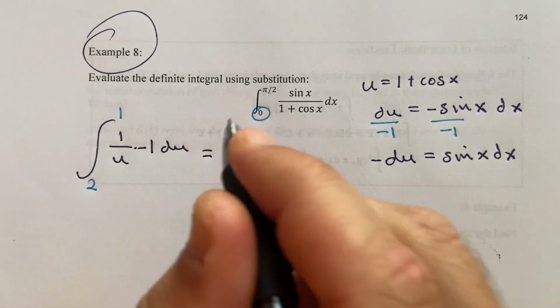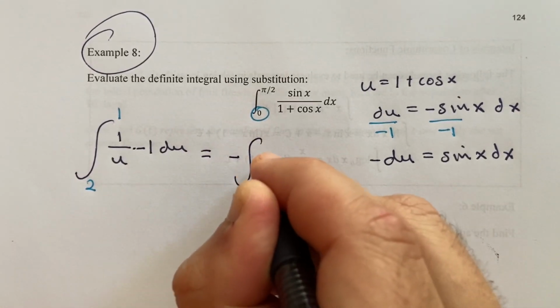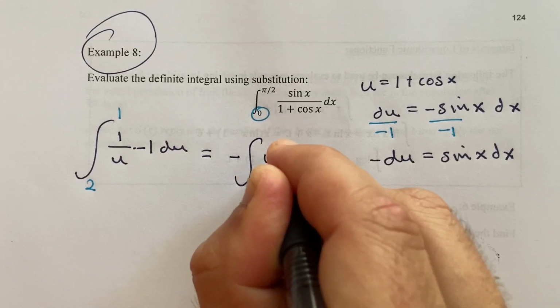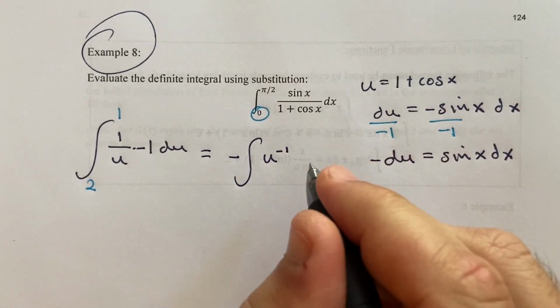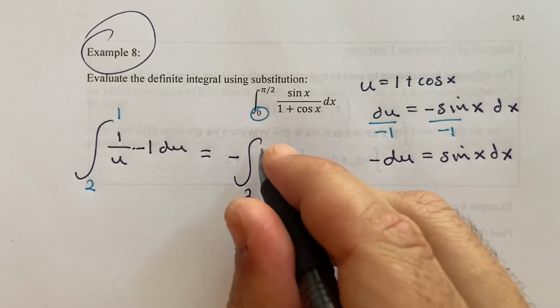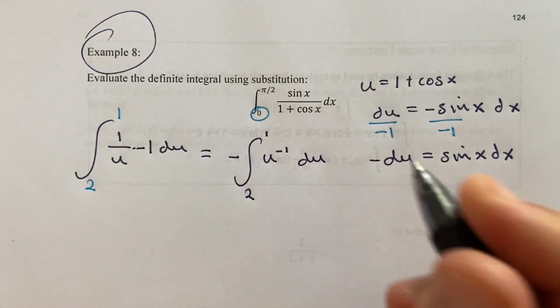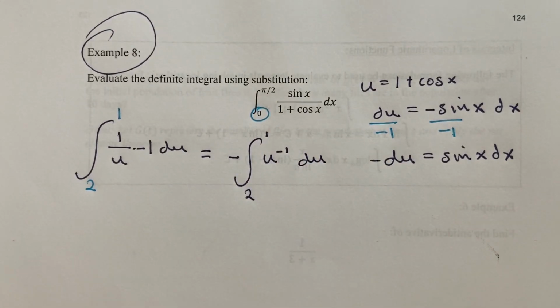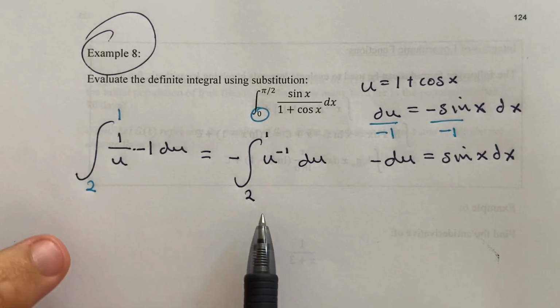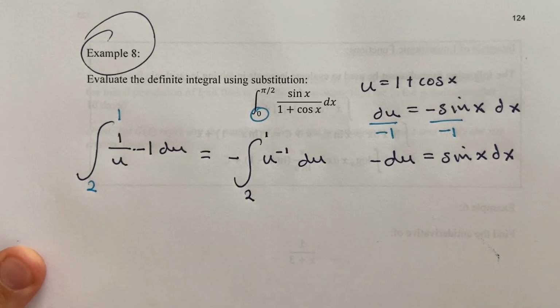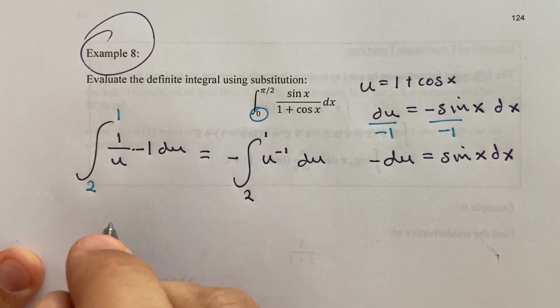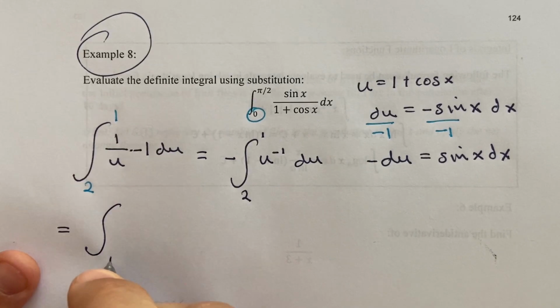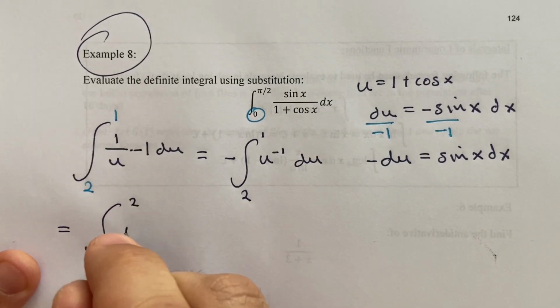So this would be equal to negative u to the -1, I'll say, from 2 to 1 du, right? And again, similar to a previous one, we can switch these limits. We have a negative out front, so it would switch and just become the positive.